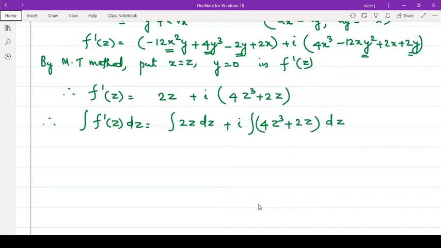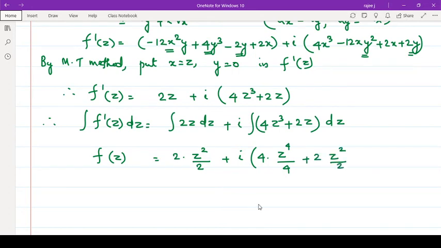The integral of f dash z is f of z, which is equal to 2 into the integral of z, that is z square by 2, plus i into, integrating 4 into z cube gives z raised to 4 by 4, plus 2 into z square by 2, plus constant c.